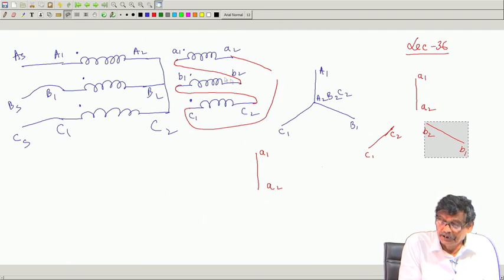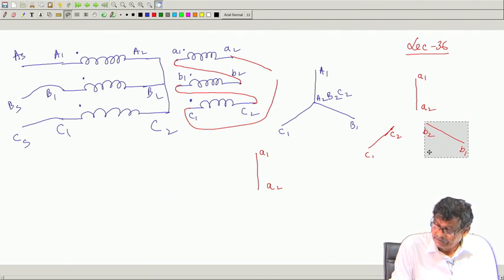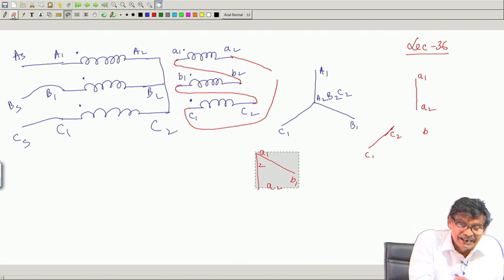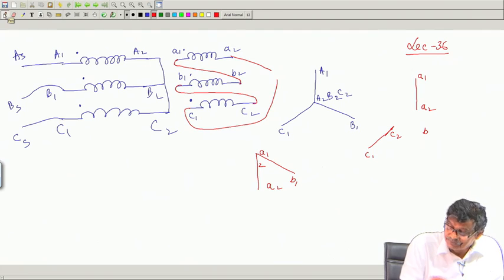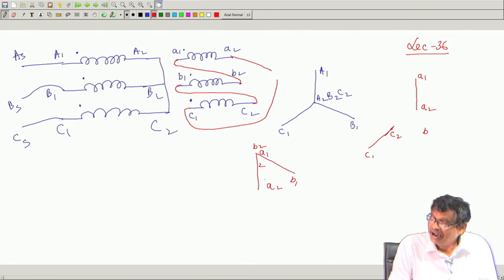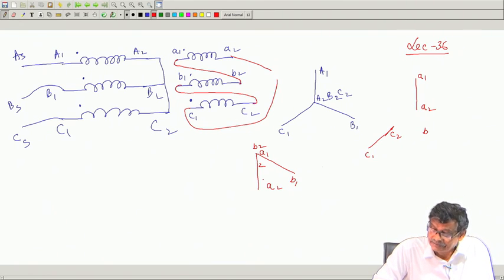Since B2 has been connected with A1, I will move it here and place it here. Anyway, I will write B2 here. Are you getting this, B2 B1? I will put it like this.